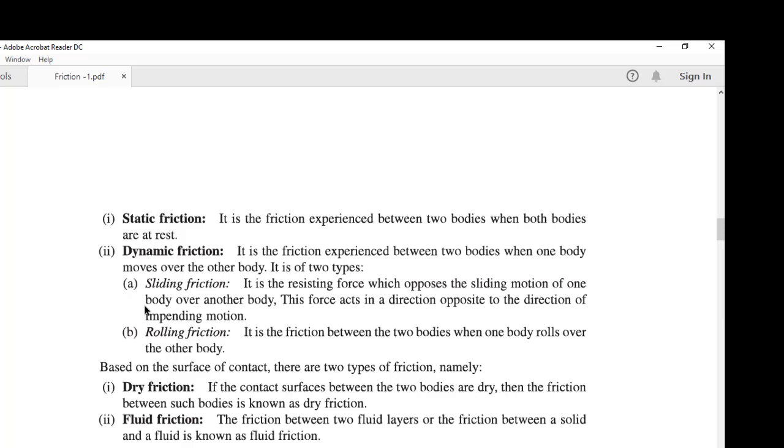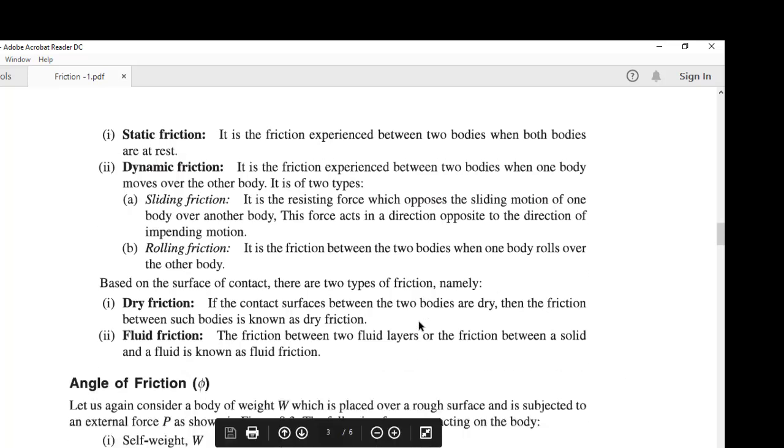It is the friction experienced between two bodies when both bodies are at rest. This is very important for us, as in the problems we will be solving in this module, we will consider the block or any body to be in equilibrium. That means we assume that all the bodies are at rest only.